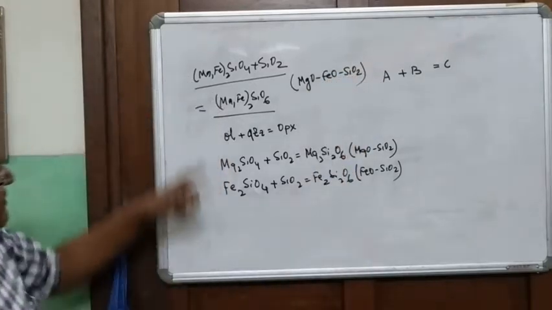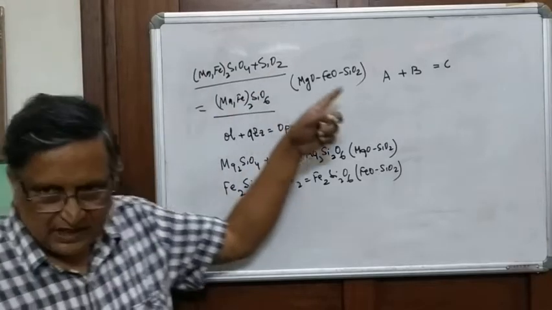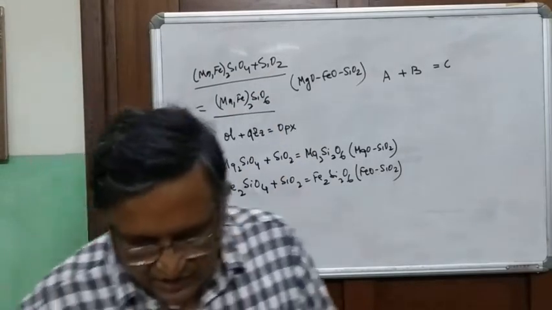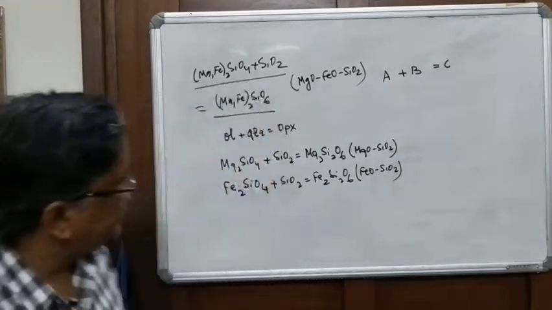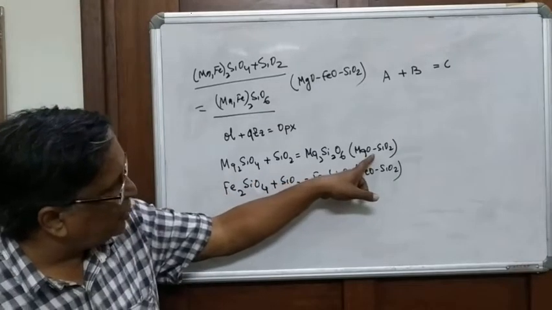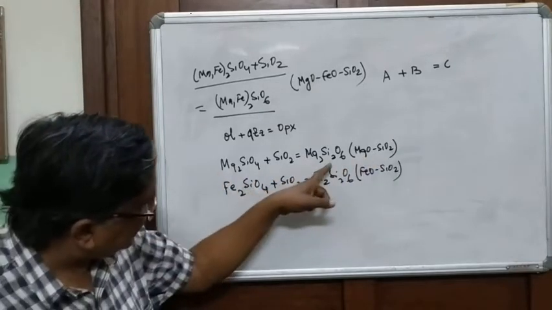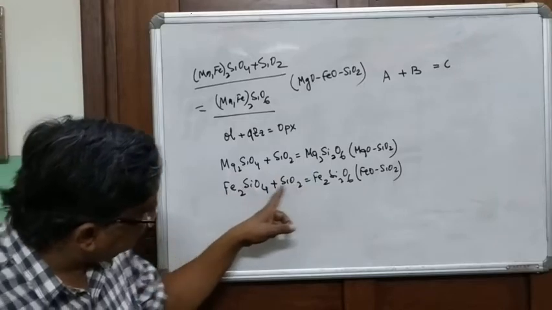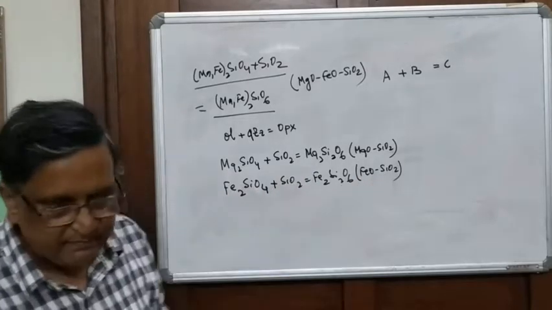The total system here is MgO-FeO-SiO2, but when we write it in terms of end members, this is an MgO-SiO2 end member reaction, and this is an FeO-SiO2 end member reaction.